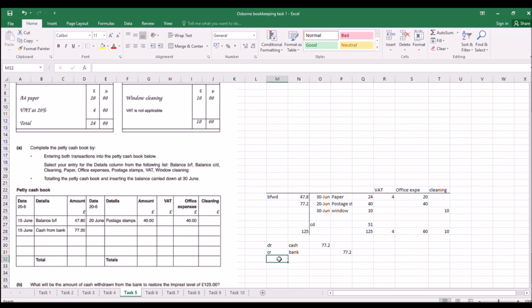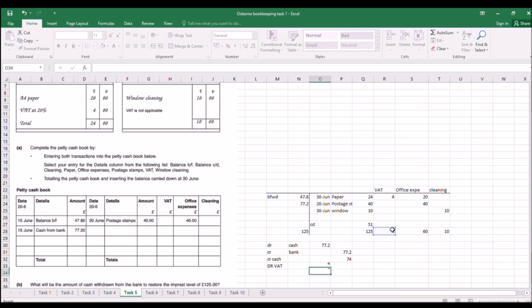Then we're going to credit the cash position, this total here, £74. So it'll be credit £74, and then there'll be debit the VAT, because we're going to want that back, £4.